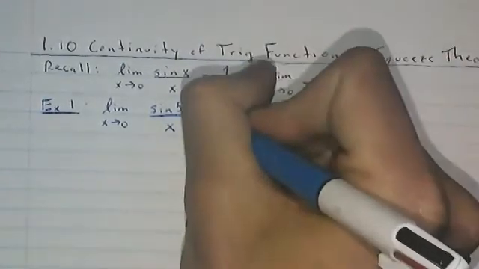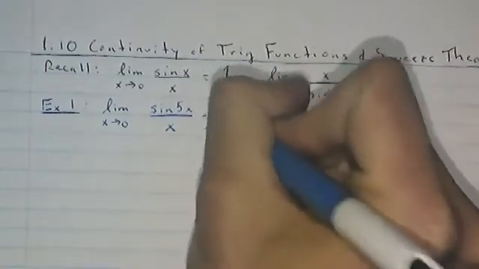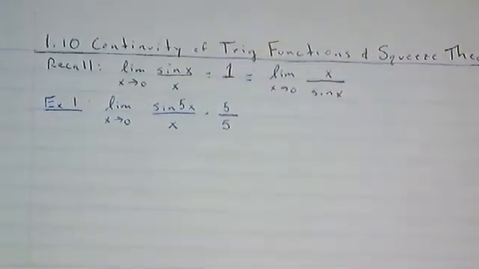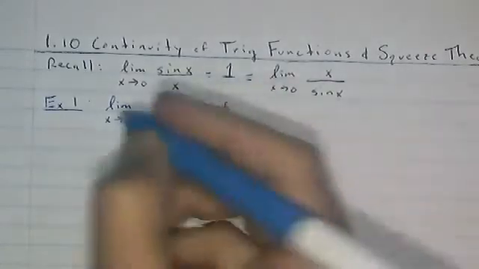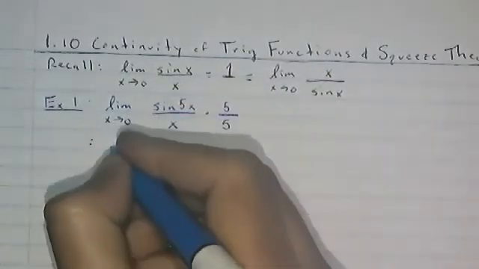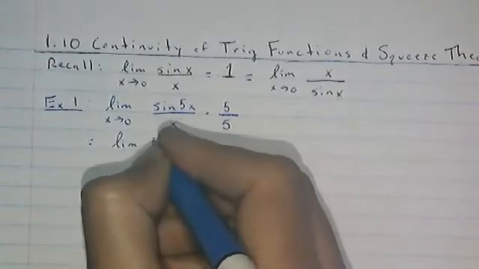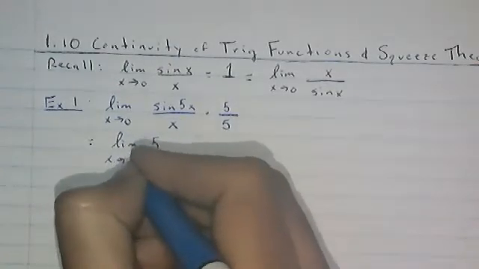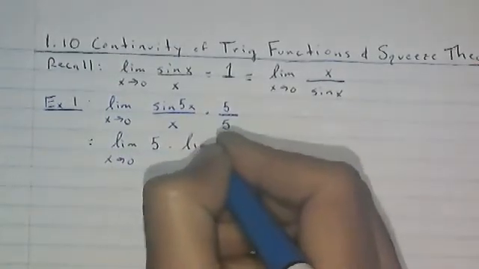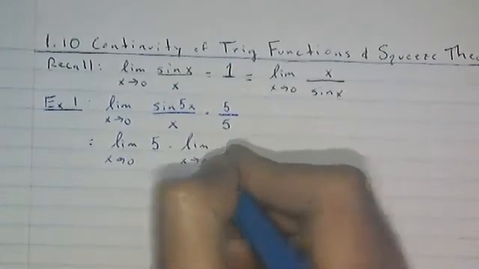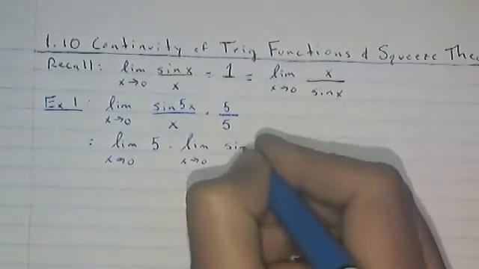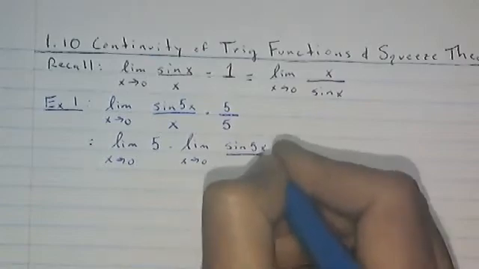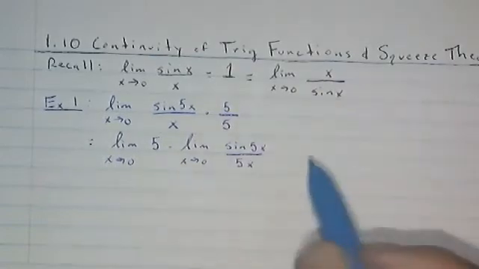The way we accomplished that yesterday was to multiply everything by a very carefully chosen 1. So then this turned into the limit of 5 as x approaches 0 times the limit of sine of 5x over 5x.